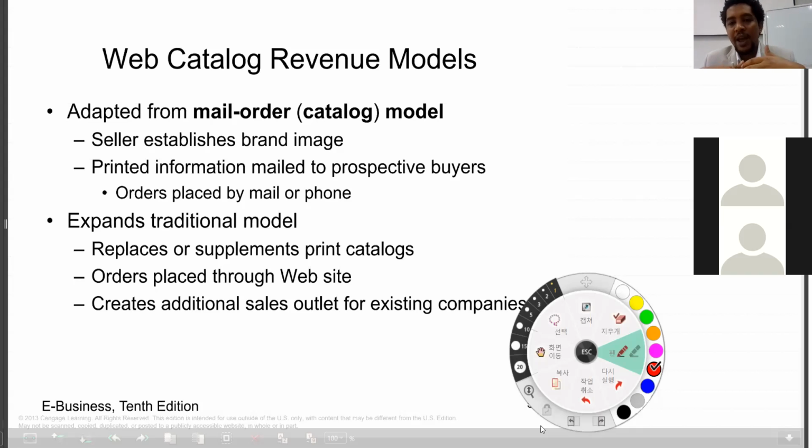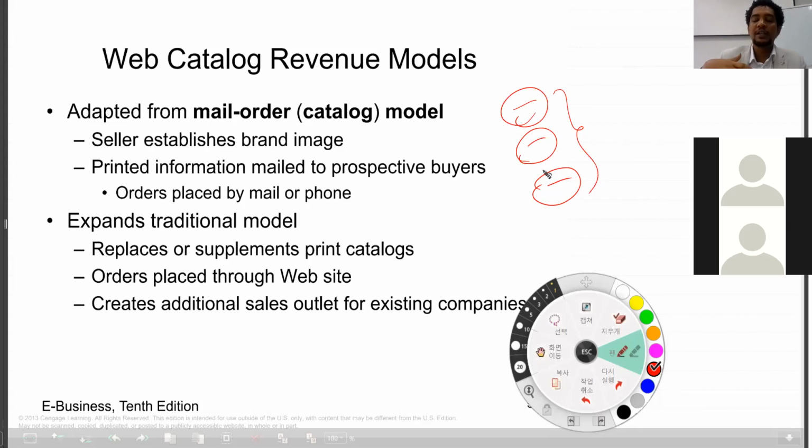They send this mail to their customers, and on these mails there are products, their prices, and descriptions of the products this company produces. Why? Because customers could be located in different places, and since there is no internet, there is no way customers can know about the products of these companies unless they physically travel to the shops.